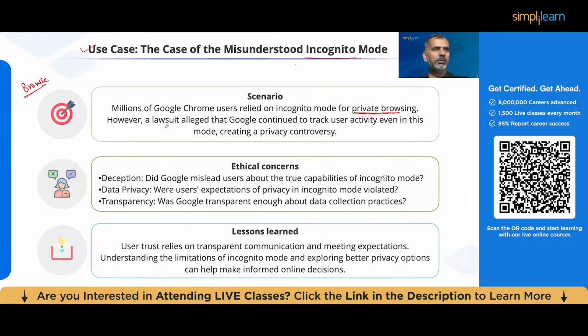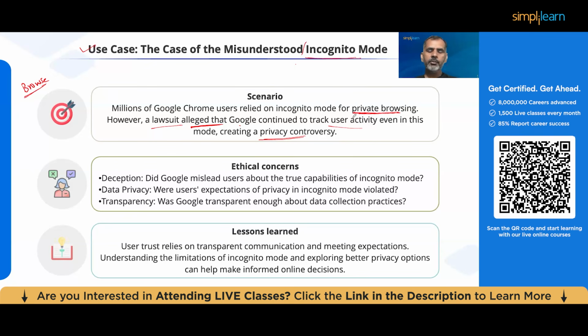However, there has been a lawsuit alleging that Google continued to track user activity even in this mode, creating a privacy controversy. So there was a challenge given to Google that even in incognito mode, you are tracking user activities, like what kind of browsing is being done and from where. Even though we were relying on the belief that in incognito mode my private information is not being shared with anyone else.